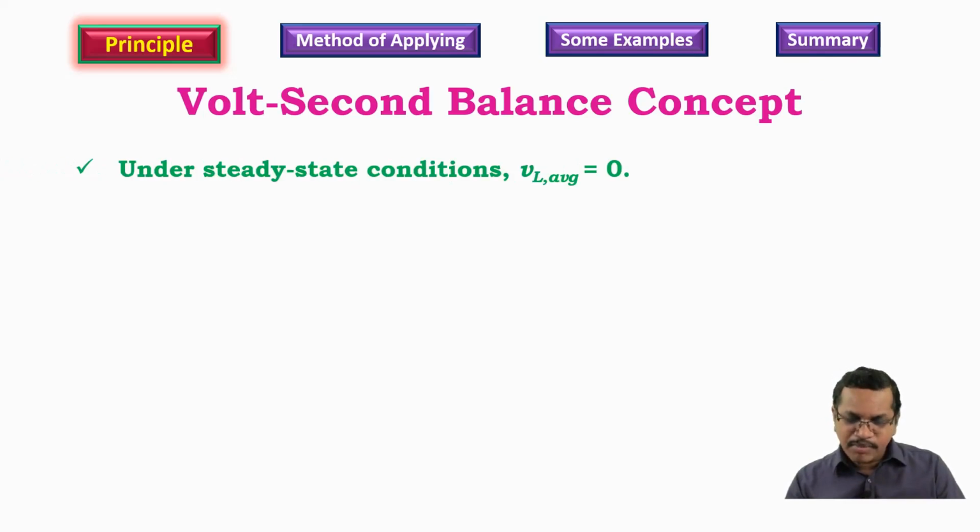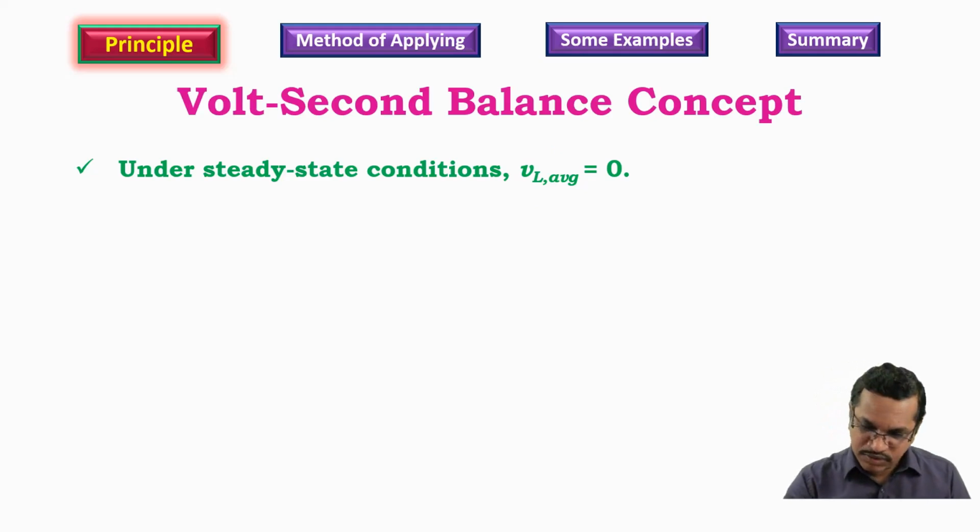Now, the fundamental idea behind volt-second balance is that under steady state condition, the average voltage dropped across the inductor will be equal to 0. Or in other words, under DC conditions, over one switching cycle, the inductor will not have any net energy stored.